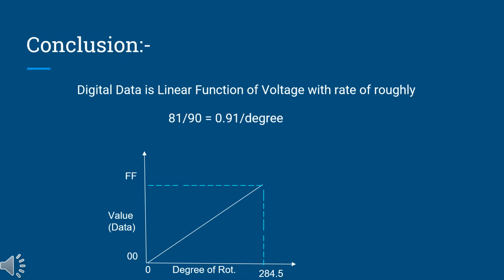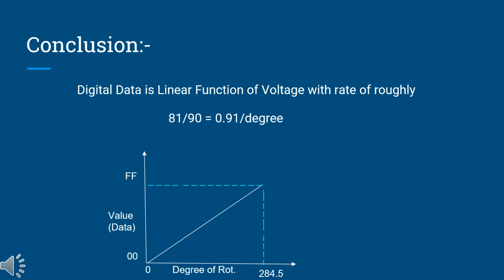From our past table we came to the conclusion that the digital data is a linear function of the voltage, with a rate of nearby 81 by 90, about 0.91. In the graph, on the x-axis I plotted the degree of rotation, and on the y-axis the value.